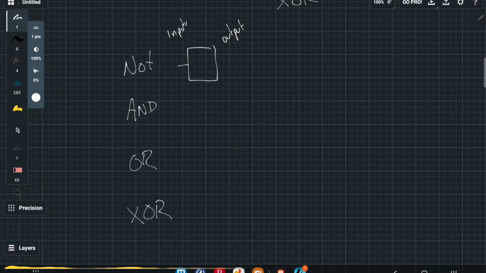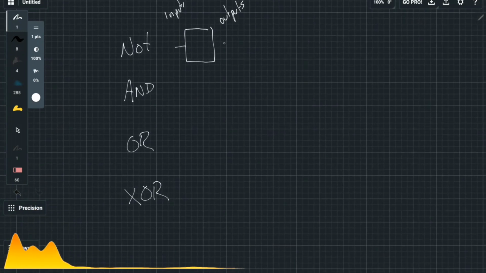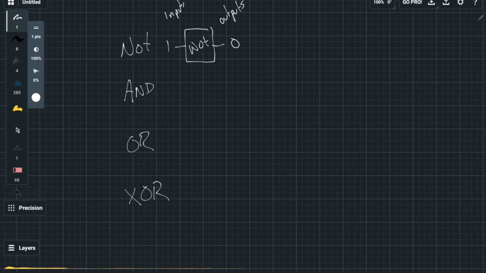This is what happens. I just push all the way up to the top here. Okay. And the outputs are going to be on the right. So we're just going to call this one not. Right? So if I put in a 0 here, I would expect to get a 1 here. And then if I go back and I put in a 1 here, I would expect to get a 0 here. Okay.